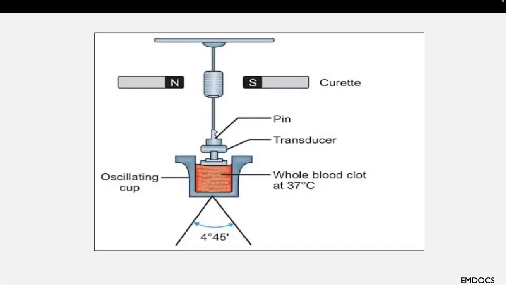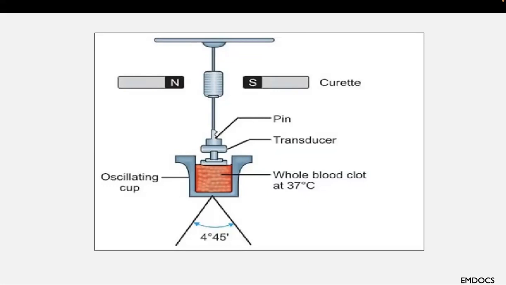And as the clot forms, the torque or the force of rotation of the cup is transmitted to the pin, which is immersed in this blood. Then the degree of the pin rotating is converted to an electrical signal via a transducer, and it's monitored via a chart. So the chart is the elastogram. Here we look at the degree of the pin movement.